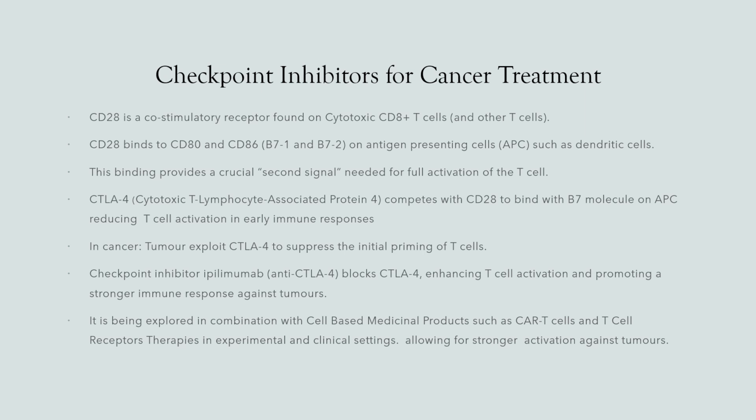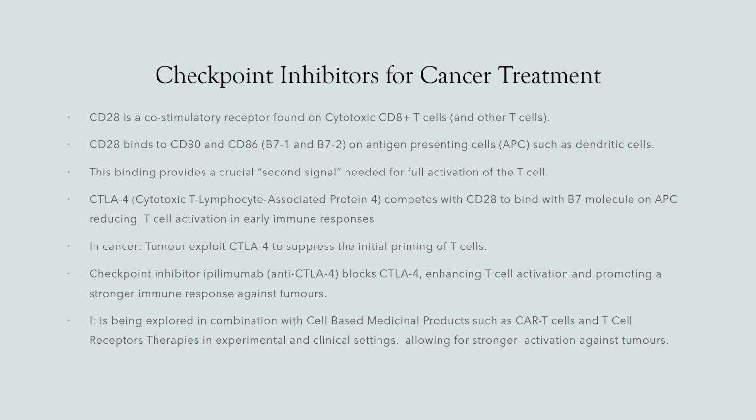I just want to talk about another checkpoint inhibitor, and that's the anti-CTLA4. CD28, first of all, is a co-stimulatory receptor found on cytotoxic CD8 plus T cells, and it's also found on other cells as well.